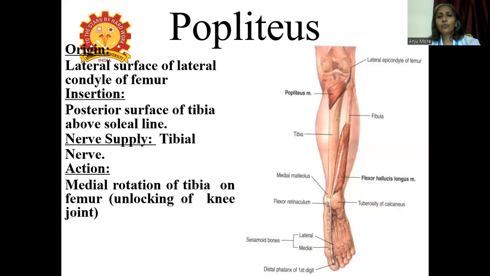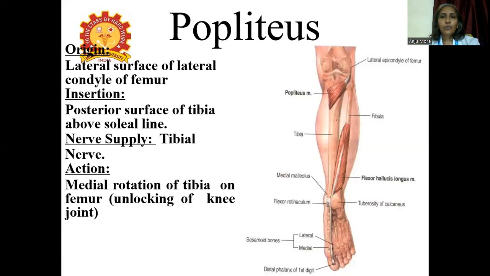But when we want to move the knee to the position of flexion, first we need to unlock the knee from its locked position. This unlocking of the knee or the medial rotation of tibia on the femur is brought about by the muscle popliteus. That's why the popliteus muscle is also called the key to the locked knee. And this is the muscle which will cause the unlocking of knee joint.